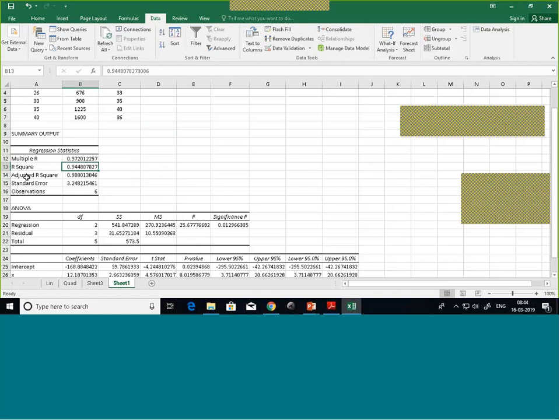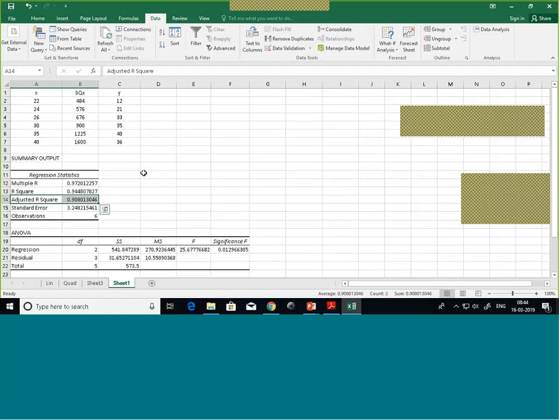But for a multiple linear regression model, you will have an adjusted coefficient of determination. So we know the reason behind that. So how much is it? 91%. So what we have found, 91% of the observations fit the equation.